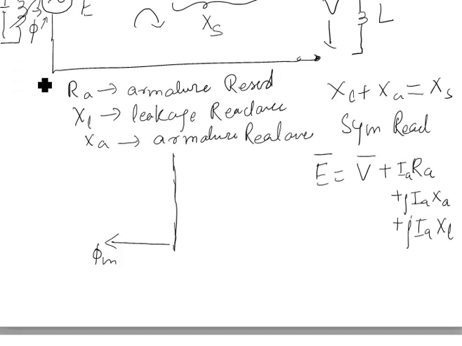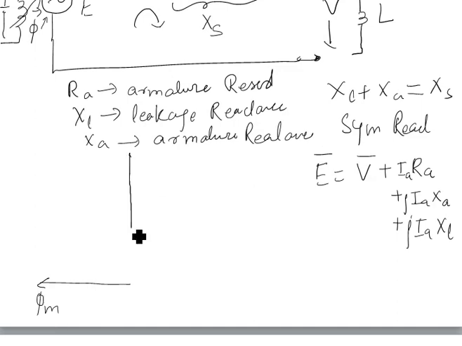Now from the EMF equation, I will draw the phasor diagram. Let us see the phasor diagram. This is my phi m, and this is the E axis.